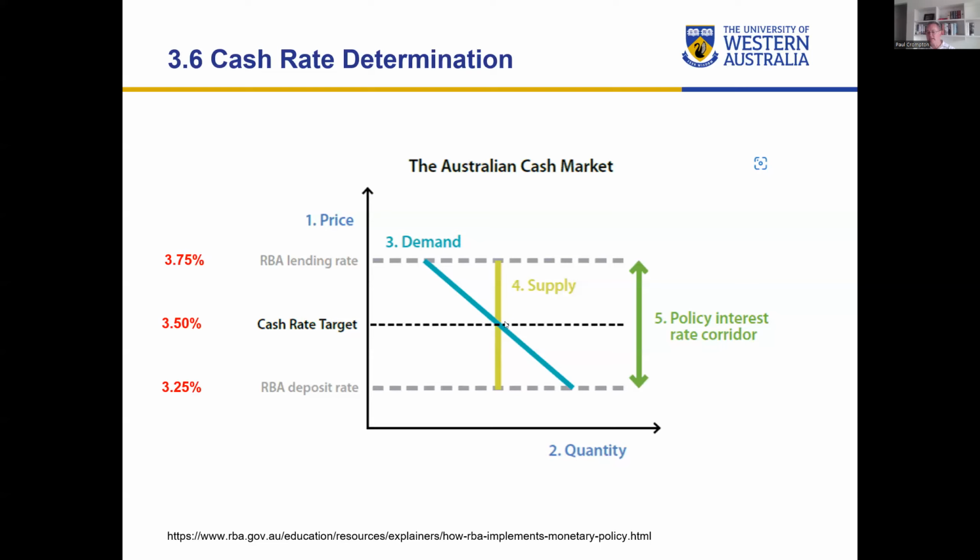And he also said that the supply could increase all the way out to about 1.5 billion before it started putting downward pressure on the cash rate. So it's almost like this demand curve has a horizontal section here. Okay, now that's something which is too complicated to include in an explainer, and it's probably something that the Reserve Bank doesn't want everyone knowing.